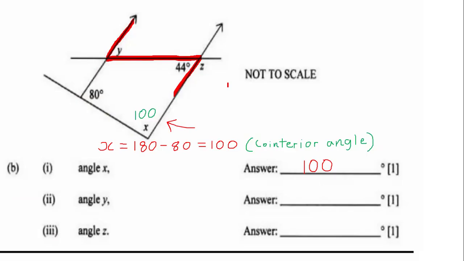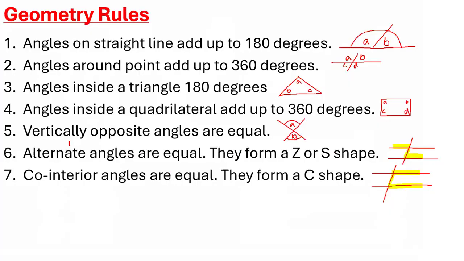Jed, do you see the Z shape? Good. And what do we know, Jed, about angles that form a Z shape? I don't know. Let's go back to the rules. Rule number 6: alternate angles are equal.